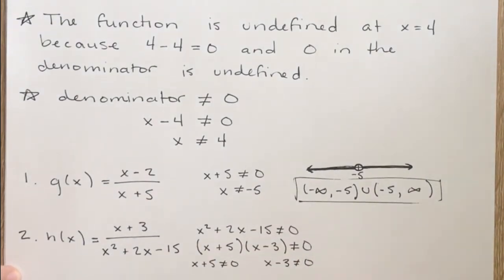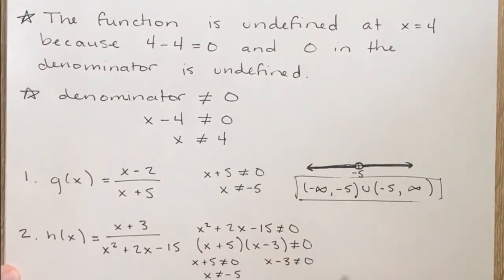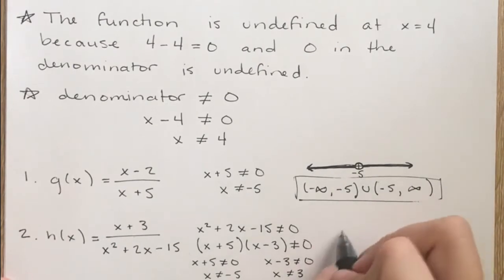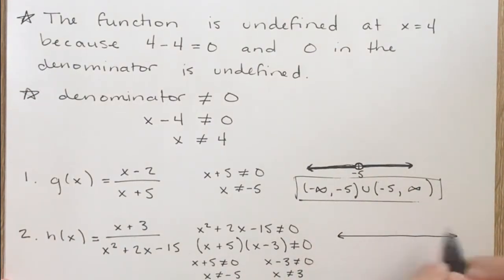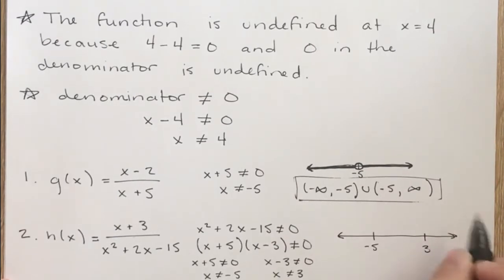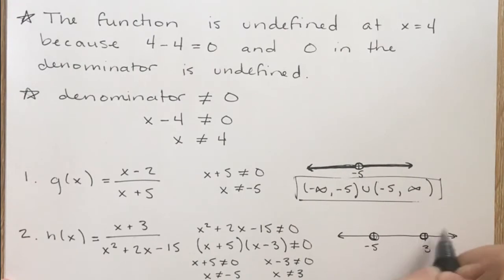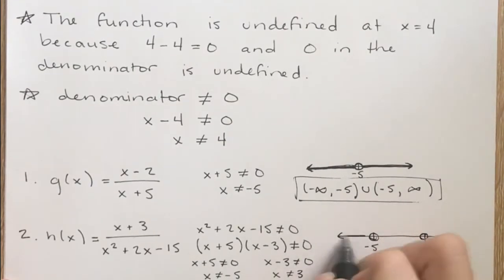So we solve for x here. We get x cannot be -5. We solve for x here. We get x cannot be +3. Those are the two values we want on our number line. And similarly, we're going to have open points and then shade in everything else.